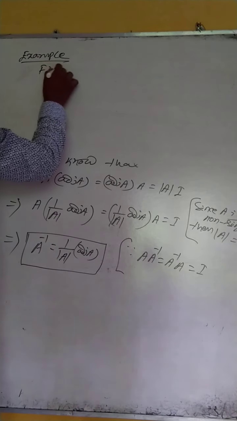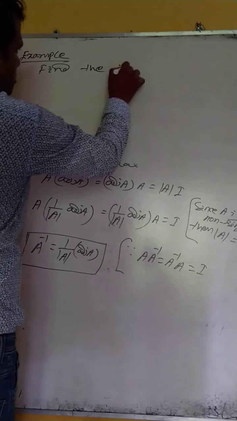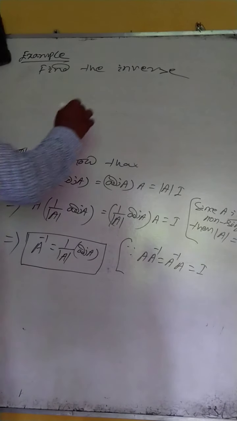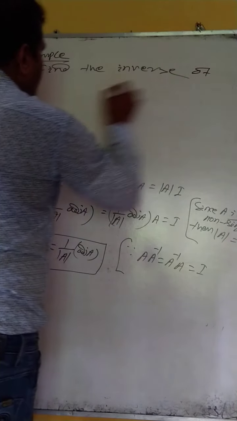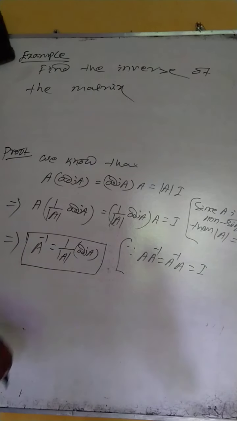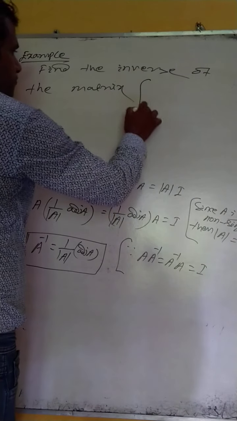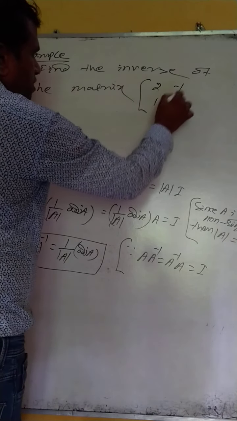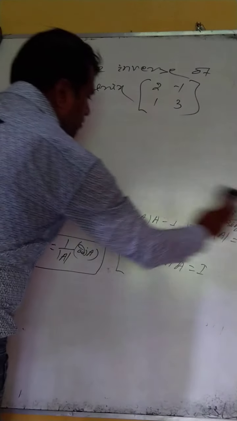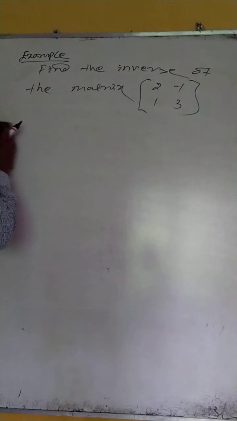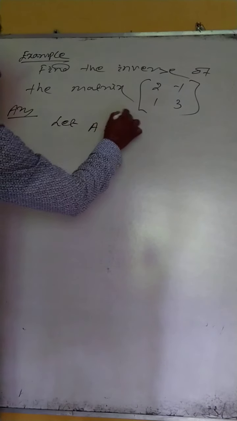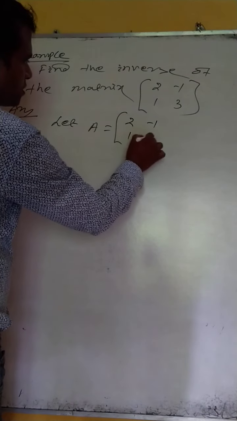Find the inverse of the matrix 2 minus 1, 1 3. Let capital A be equal to 2 minus 1, 1 3.